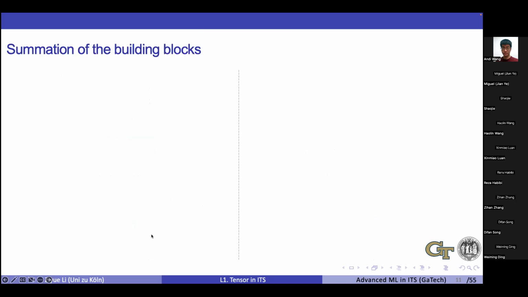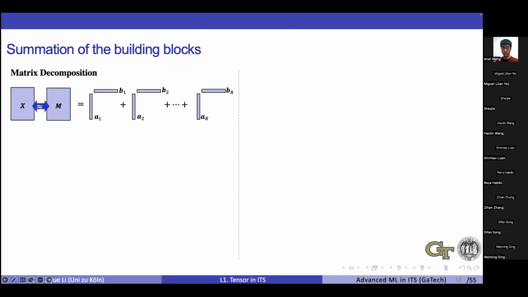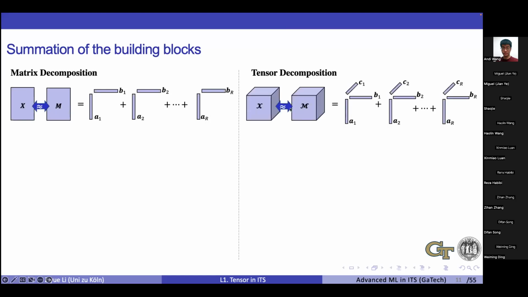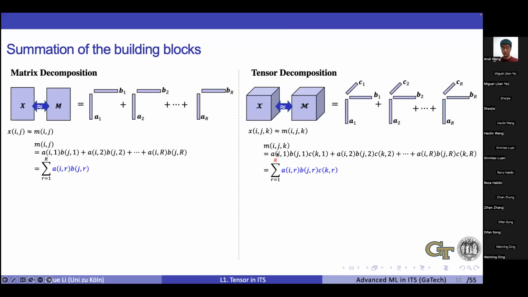But in reality, our matrix or tensor can have multiple ranks. A real matrix can be the summation of R rank 1 matrices, and similarly our tensor can be the sum of R rank 1 tensors. Mathematically, it can be written like this, where we sum up R different rank 1 tensors, the big R.